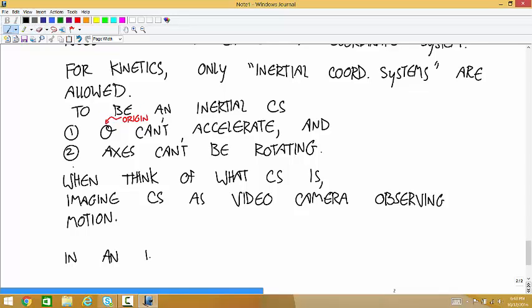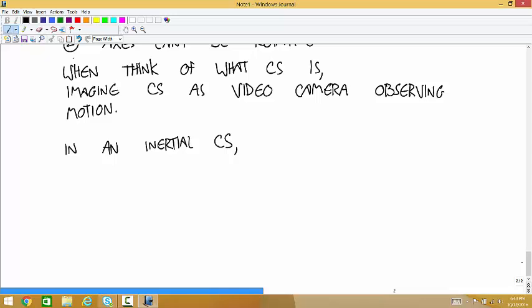So in an inertial coordinate system, you can think of force vectors being defined according to this equation.